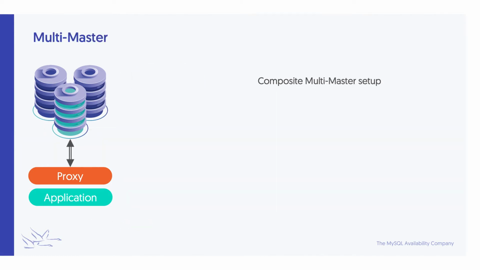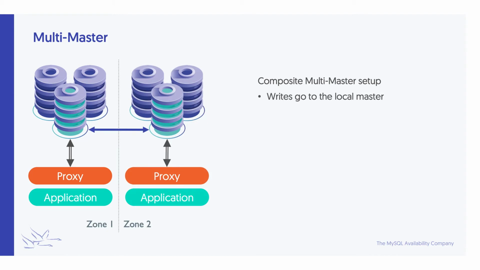Another very interesting setup that Tungsten can provide you is a multi-master environment, where instead of having a master and a slave clusters, you will have actually two clusters, two masters.